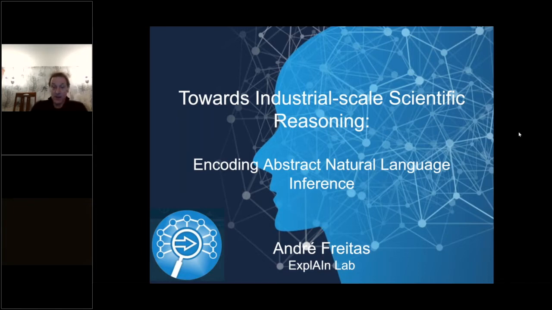He leads the Reasoning and Explainable AI Lab. His main research interests are on enabling the development of representative paradigms at the neurosymbolic interface to support explainable inference for scientific reasoning. So today, Andre will discuss towards industrial scale scientific reasoning, encoding abstract neural language inference. So on that, I'll hand over to you, Andre.